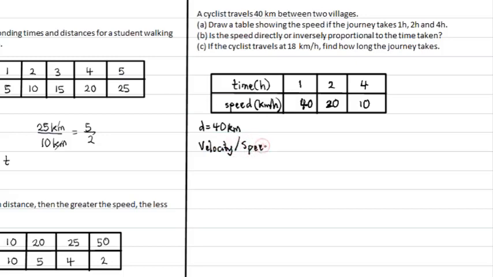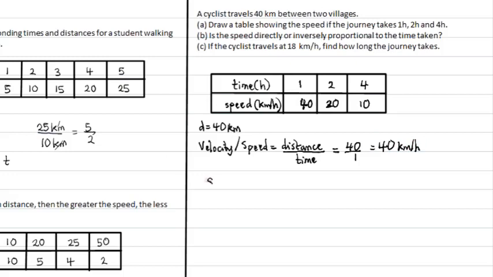It is distance over time. If it's velocity, it's displacement over time, so that's saying the same thing. So the distance is given as 40. The time is given as 1 for this first one, which is what? 40 kilometers per hour. So that's why there is 40 kilometers per hour.